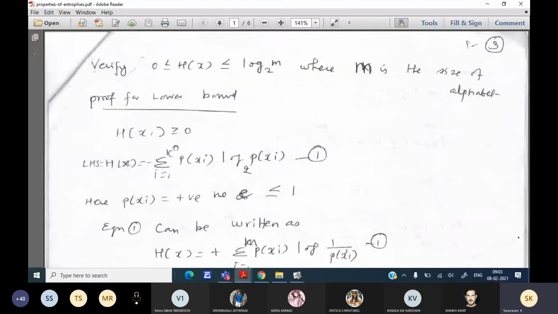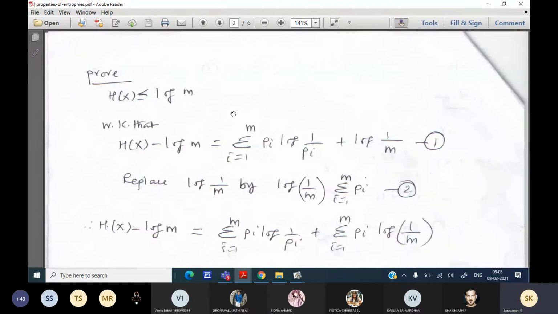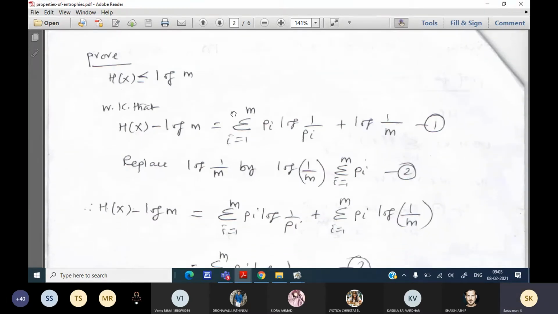Okay, next. We are going to prove H of X is less than or equal to log m base 2. To prove this, I am going to write H of X. I am going to take log m to the left hand side, so I subtract log m from H of X. H of X minus log m, replacing H of X by the general formula, is a summation of pi log 1 by pi.